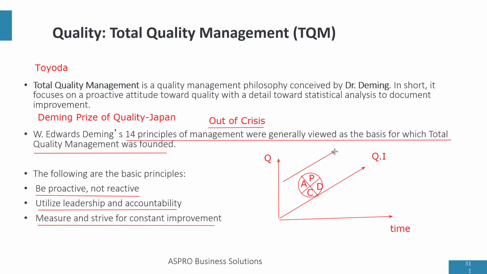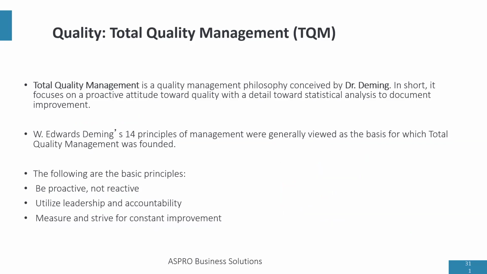That is the plan, do, check, act cycle, the Deming cycle. So total quality management is used by organizations as a quality management system to help improve processes within an organization by taking data of those processes and looking for ways to improve them.